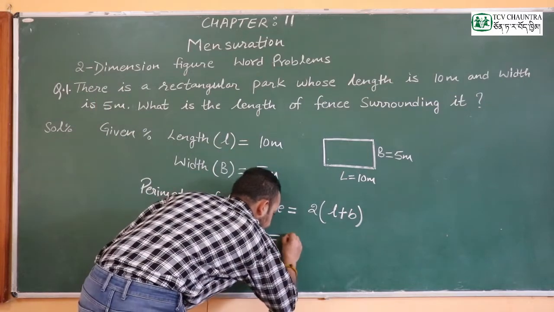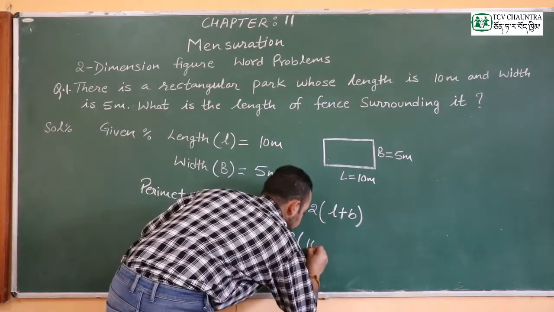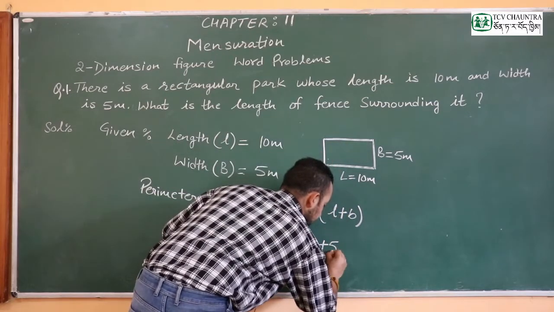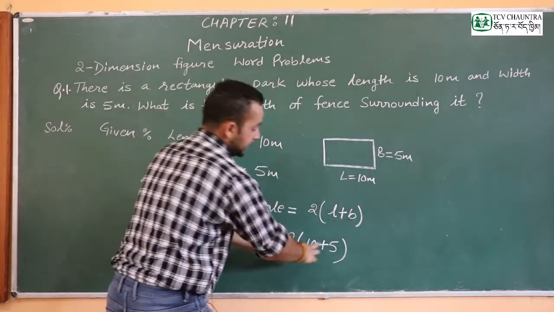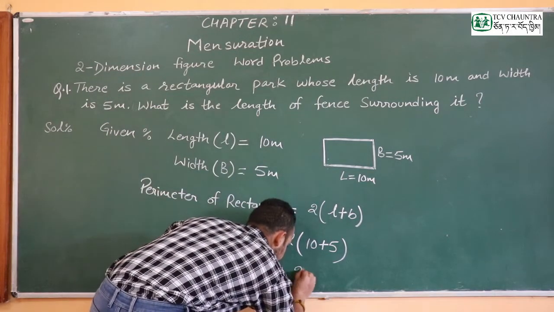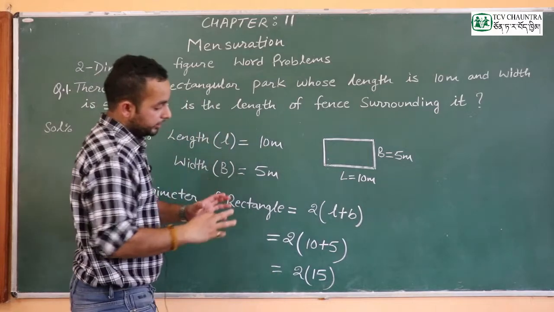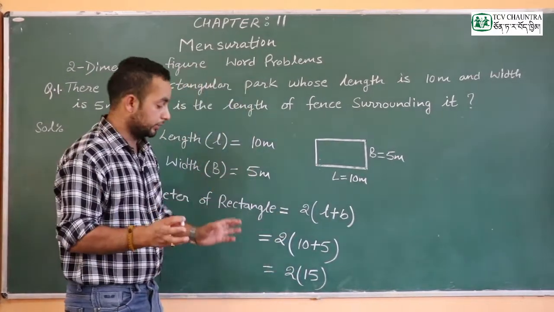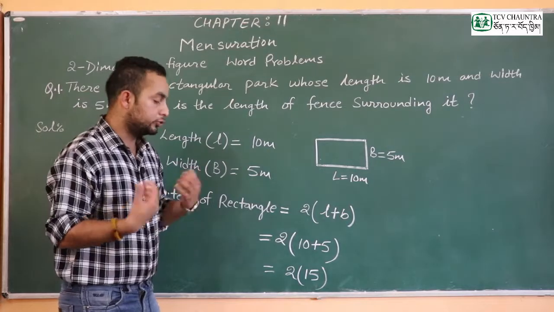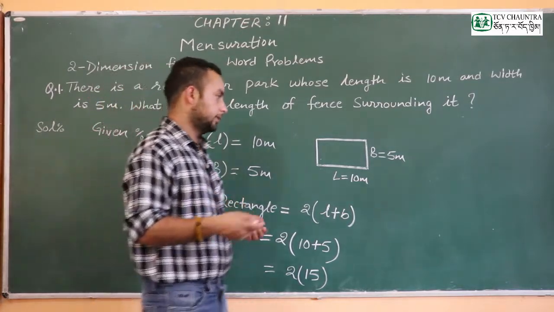So 2 as it is, the length is 10 plus the breadth 5. In the bracket, 10 plus 5 is 15. So 2 times 15. The 2 will multiply with the number 15, and you will get a product of 30.